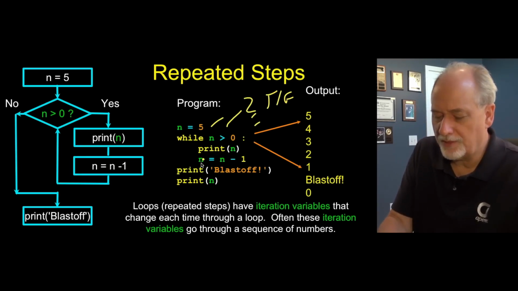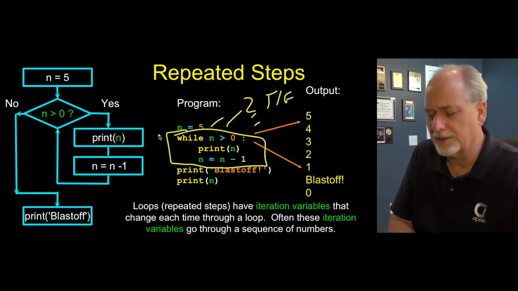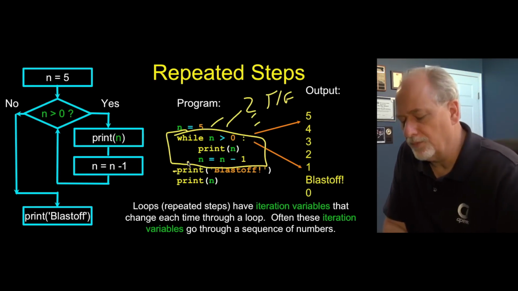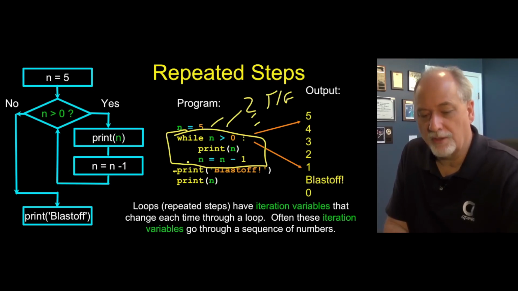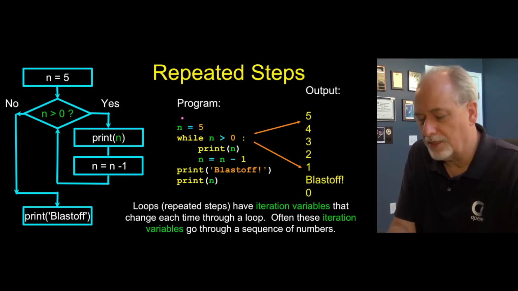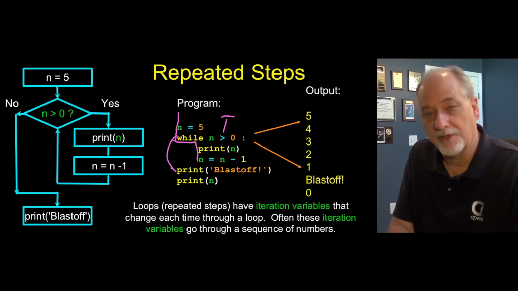Then there's a colon, and an indented block, and we use the de-indent to determine how long the loop is. This print is de-indented, so that indicates the end of the loop. If the question is true, it's going to run this code, and if it's false, it's going to skip the code. In that way, it functions like an if.